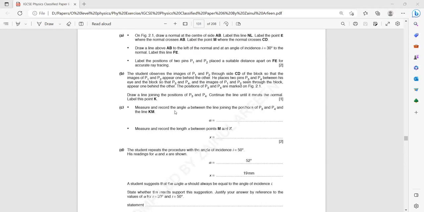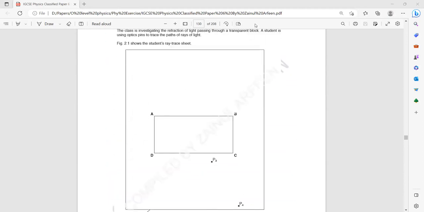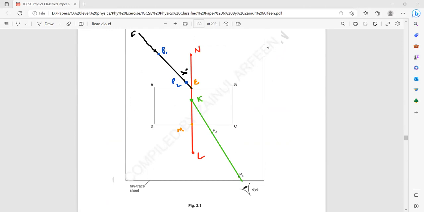Then measure and record the angle alpha between the line joining the positions P3 and P4 and the line KM. So we want to record the angle between the line joining P3 and P4 and KM. We call that alpha, and label it on the diagram. So this is alpha. How can you measure this alpha? You place a protractor, like this will be 0, and measure this angle value.